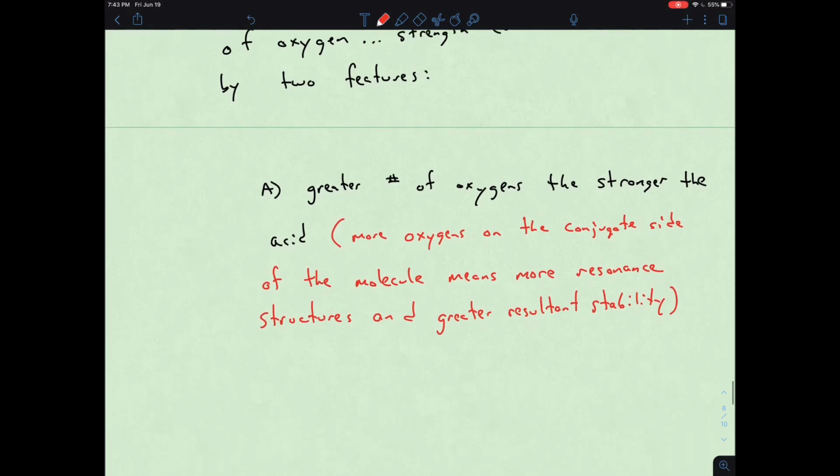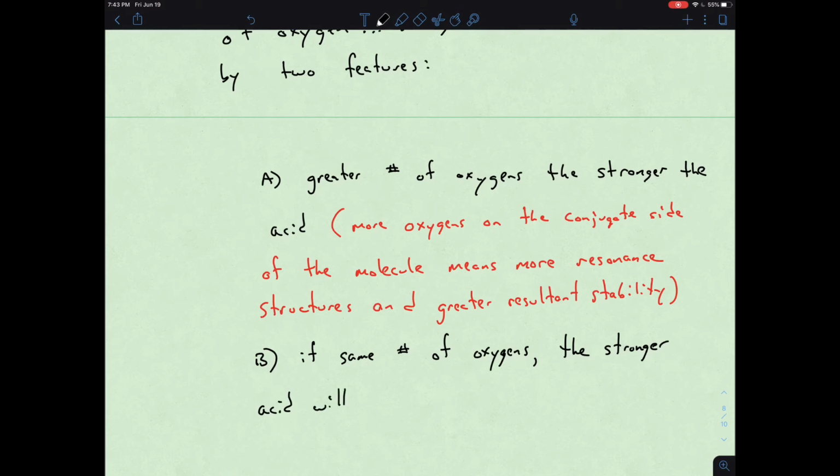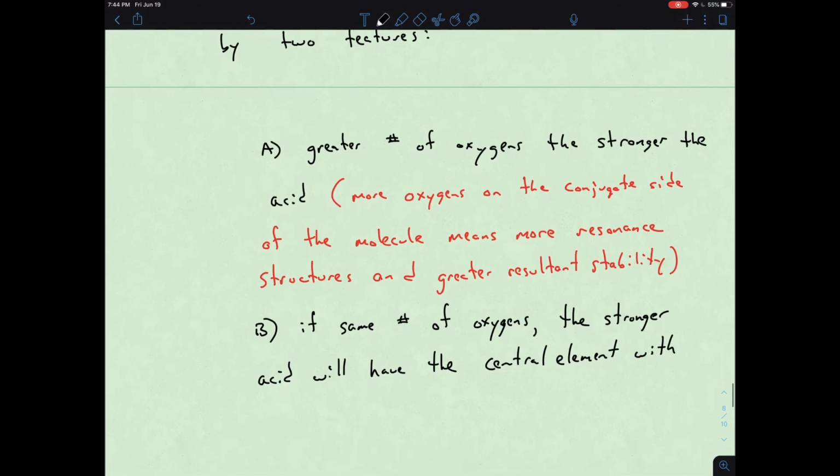So that's part A of the breakdown. If you have the same number of oxygens, the stronger acid will have the central element with greater electronegativity.